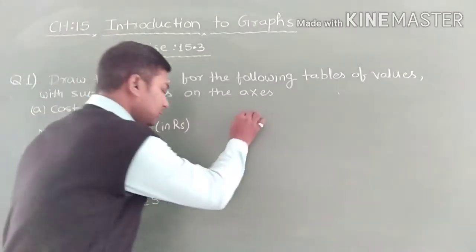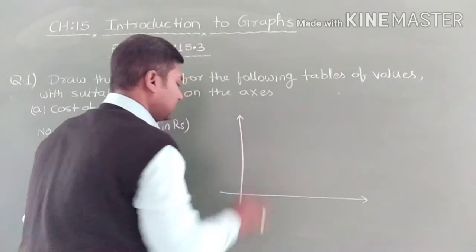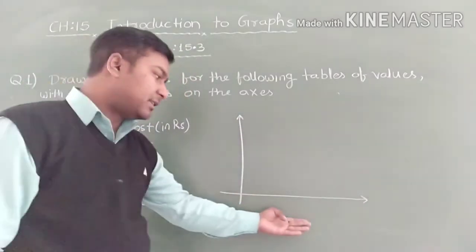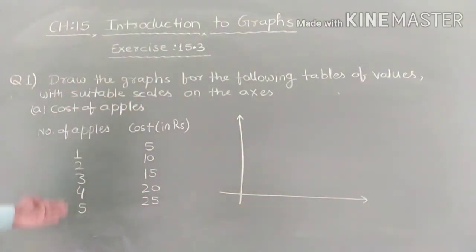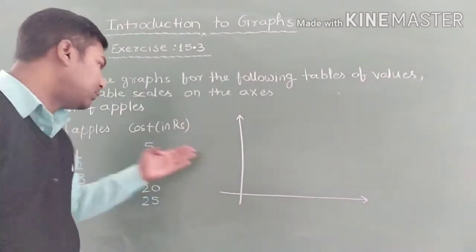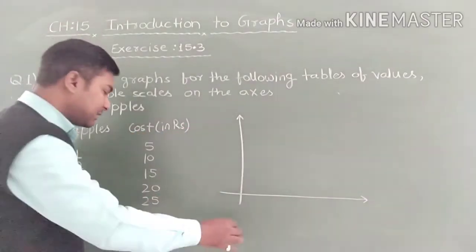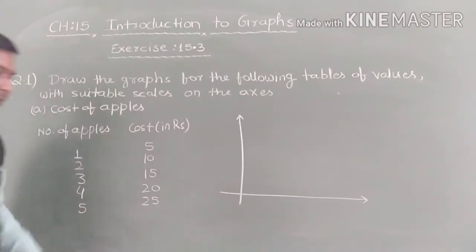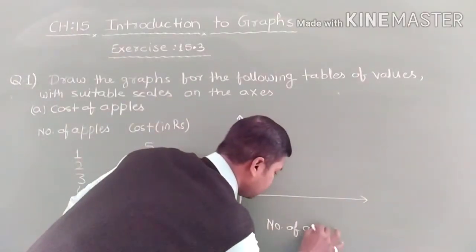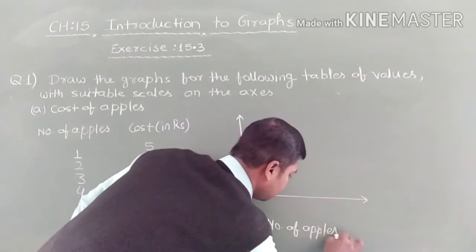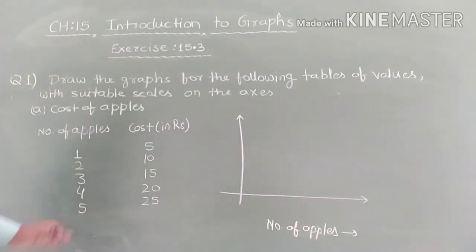So first of all, this is the x-axis and this is the y-axis. So on the x-axis we have to take the number of apples, and on the y-axis we have to take cost in rupees. On the x-axis, number of apples, it is given 1, 2, 3 up to 5.